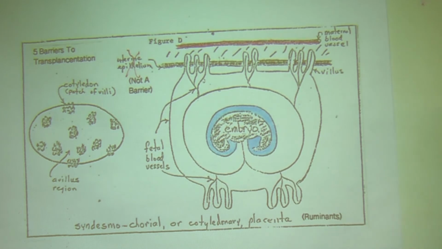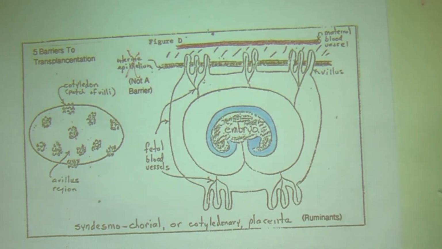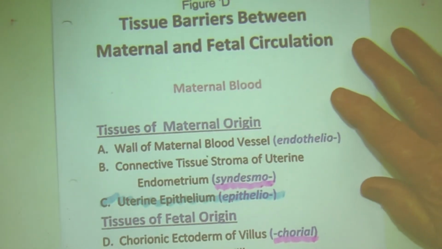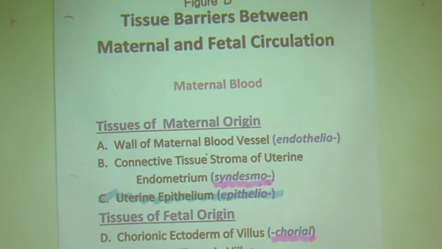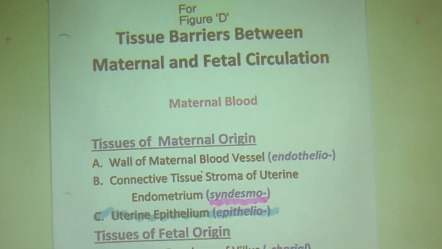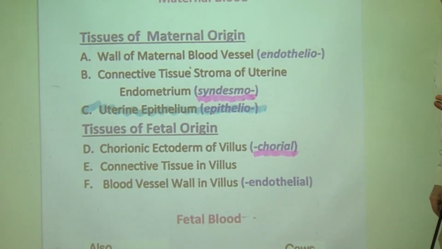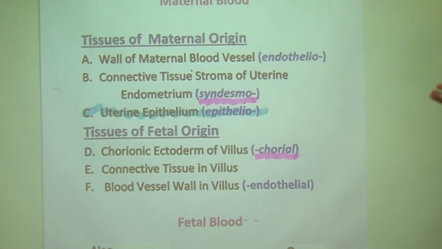Where in the world did we get syndesmo? Well, syndesmo is the word that we use for connective tissue. So let's look and see what's missing here that was found in the first type of placenta. What about the tissues of maternal origin that an oxygen molecule has to go through?